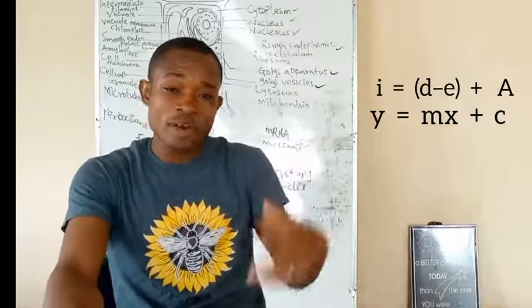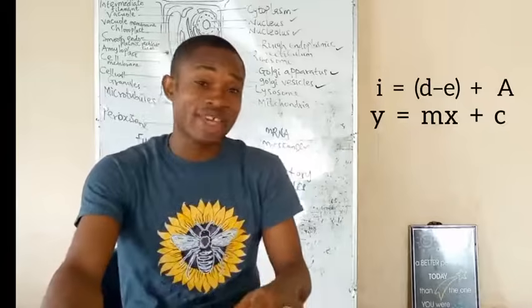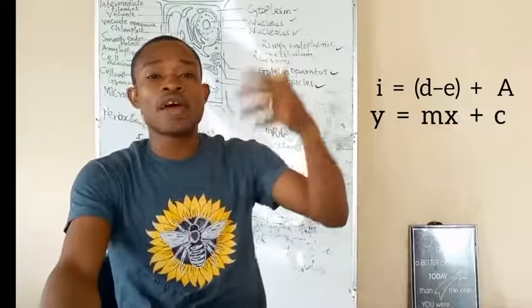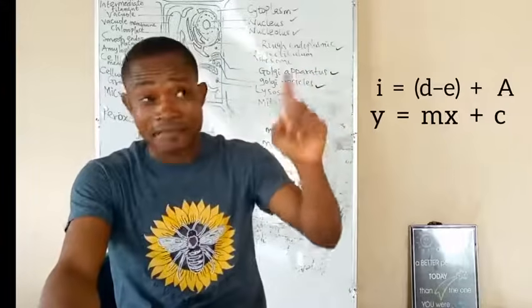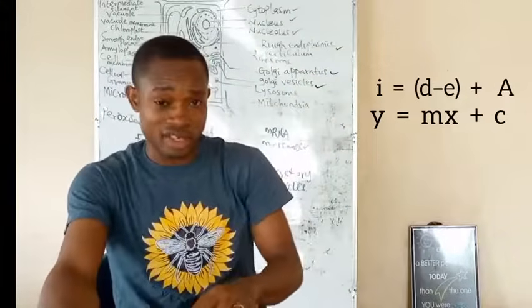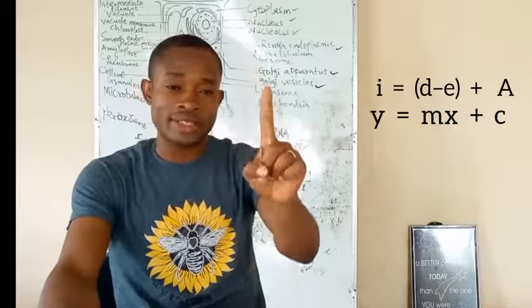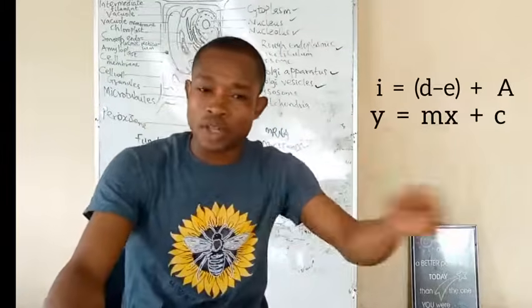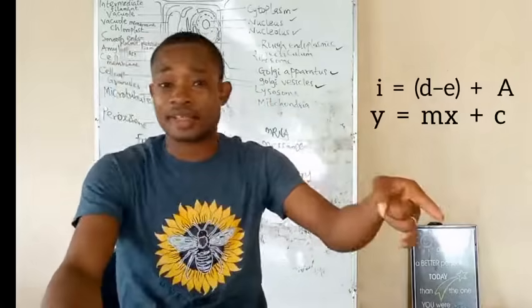So for this experiment, although we are not required to get the slope, if I were to evaluate the slope of this graph I plotted against D minus E, the slope will give me 1. Because slope m is multiplying the quantity you plotted on the x-axis. You can see it, mx.